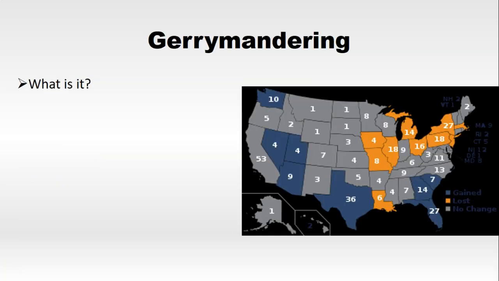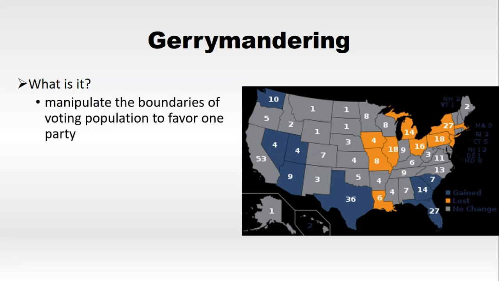So first off, gerrymandering. We need a good overall definition as to what gerrymandering actually is. So gerrymandering is simply the manipulation of voting districts or voting boundaries to favor one political party over another.